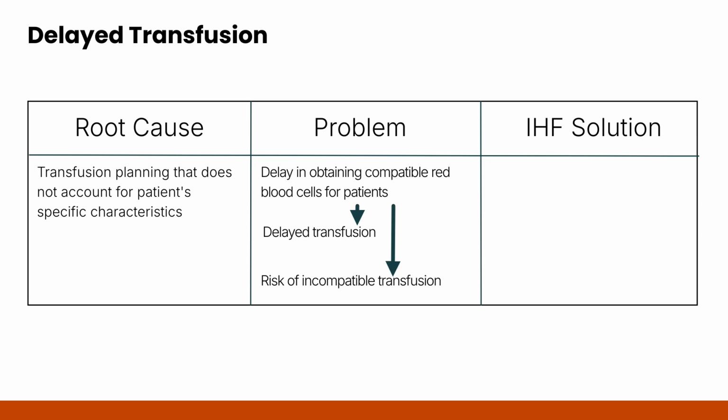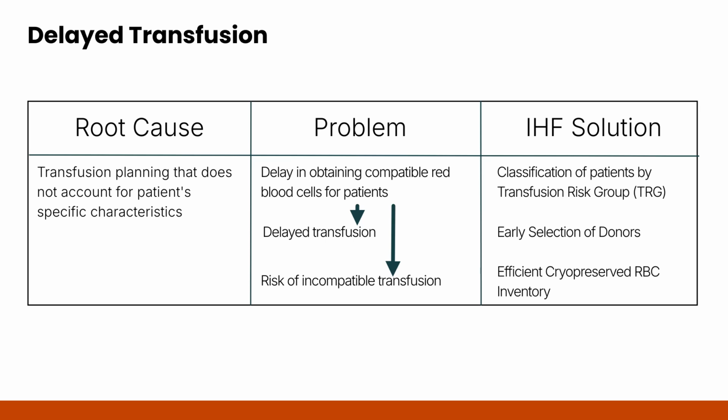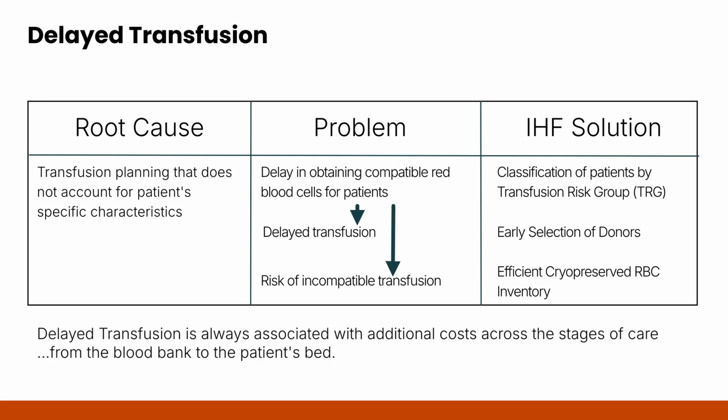How does the IHF solution solve for this? By classifying patients by transfusion risk group, TRG, selecting donors early, and maintaining an efficient cryopreserved RBC inventory. It is worth mentioning that delayed transfusion is always associated with additional costs across the stages of care, from the blood bank to the patient's bed.